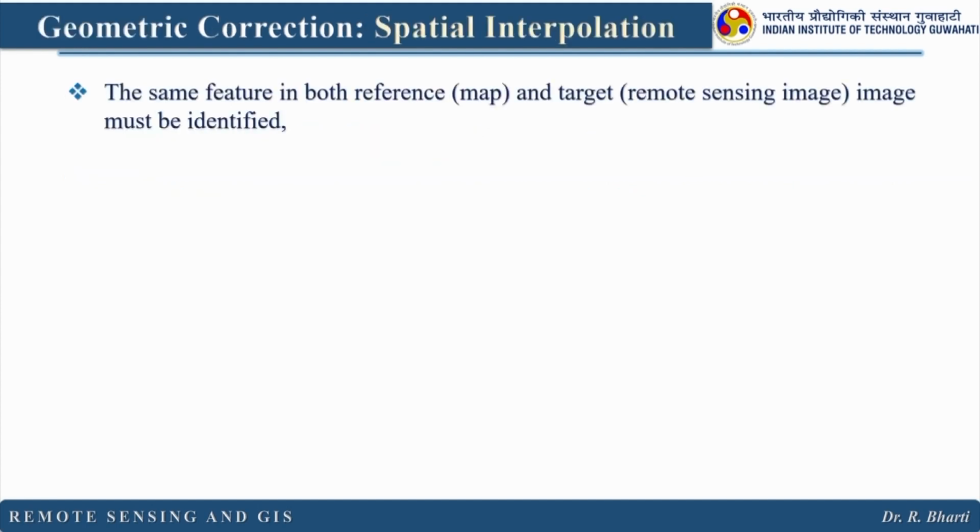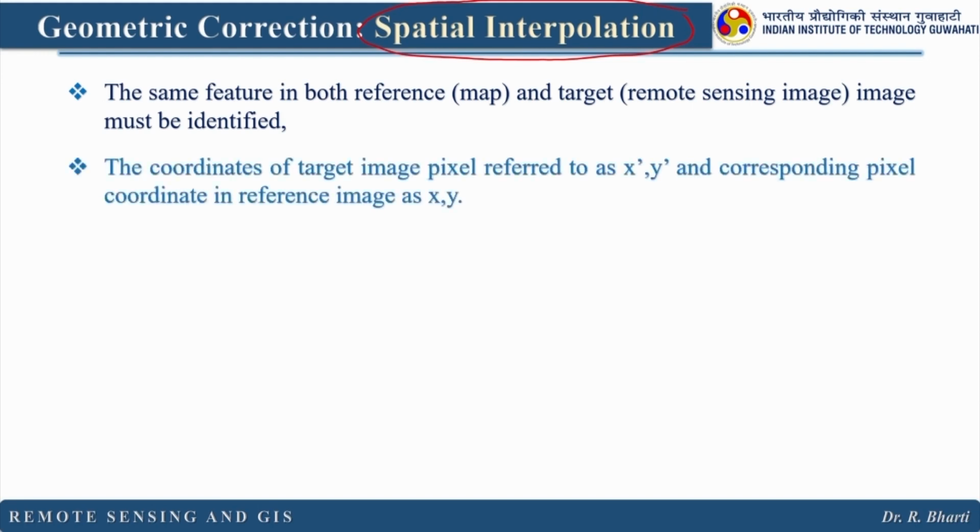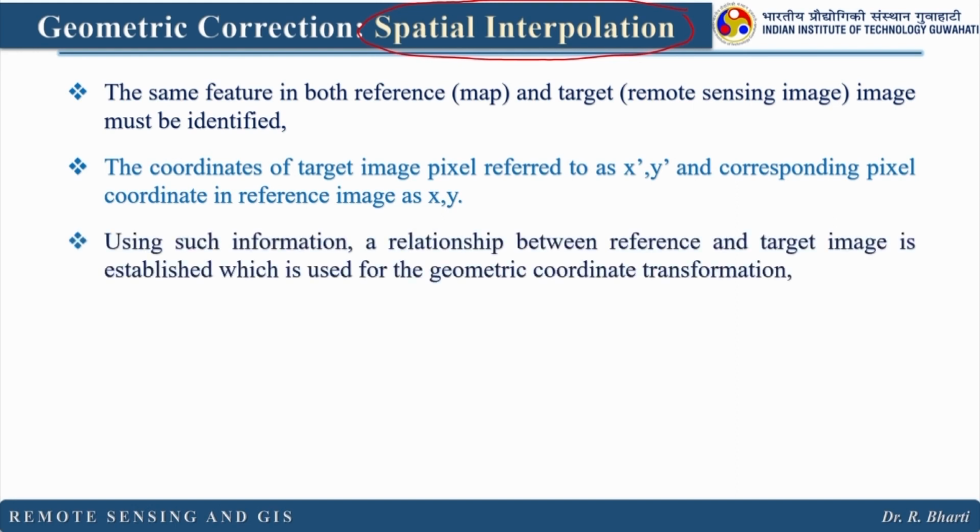So, in spatial interpolation you can see here, right. So, the same feature in both reference and target image must be identified. Here the coordinates of target image pixel are referred to as x dash y dash and the corresponding pixel coordinate in reference image as x y. Using such information, a relationship between reference and target image is established, which is used for geometric coordinate transformation, right.